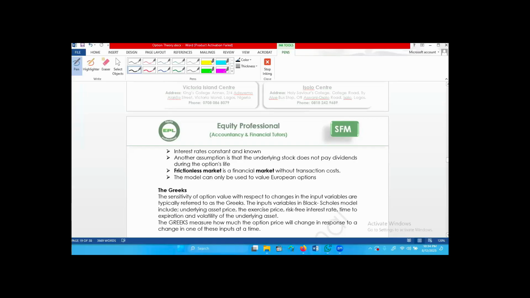Now, within these 3 months, First Bank shares must not pay you dividends. If you are to value the options using Black Scholes, it is assumed that the underlying assets will not pay dividends during the life of the option contract. That is the assumption.